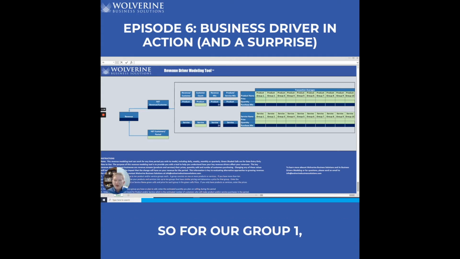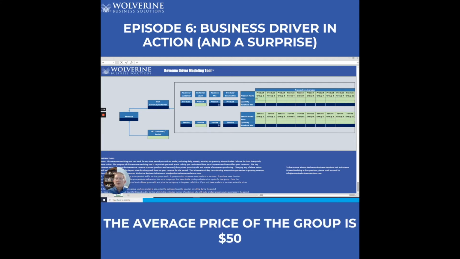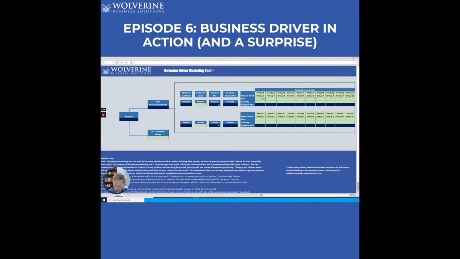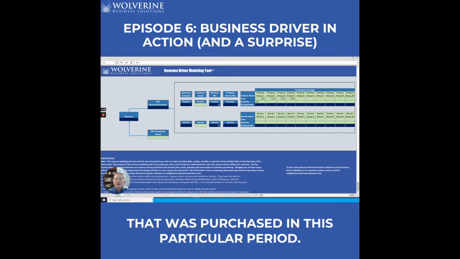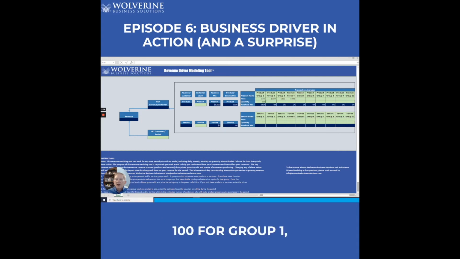So for, say, our group 1, the average price of the group is $50, $150 for group 2, $250 for group 3, $400 for group 4, and then the quantity of the product or the product group that was purchased in this particular period: 100 for group 1, 75 for group 2, 125 for group 3, and 50 for group 4.